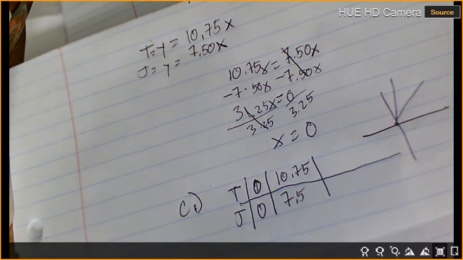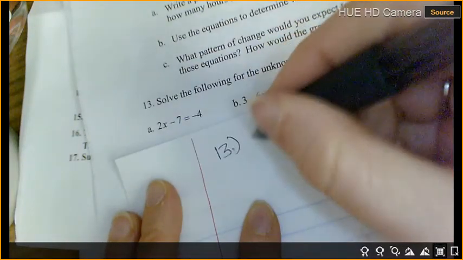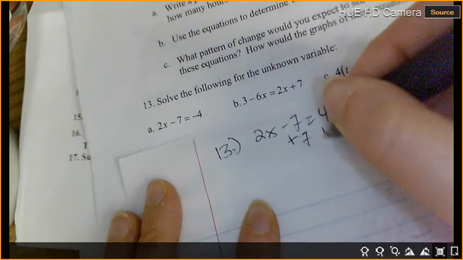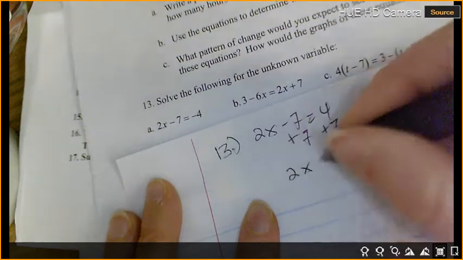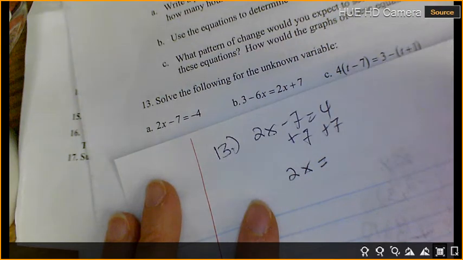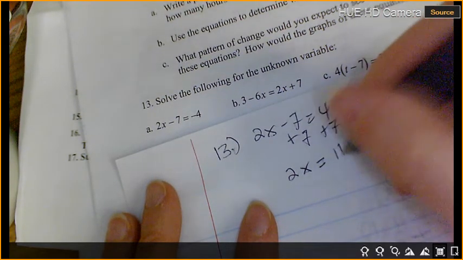All right, you ready to go to 13? Okay. These are pretty simple variable problems. So for 13a, 2x minus 7 equals 4, so we add 7 to both sides. 7 plus 4 is 11.